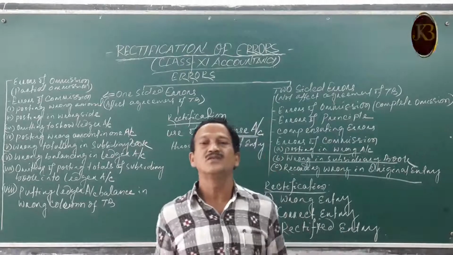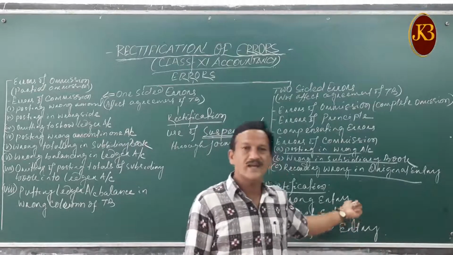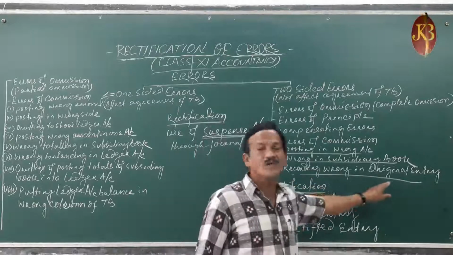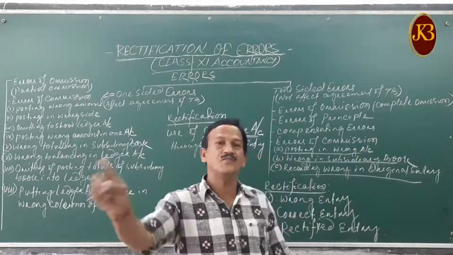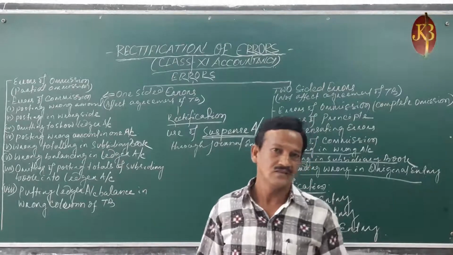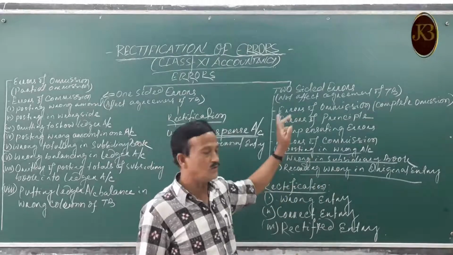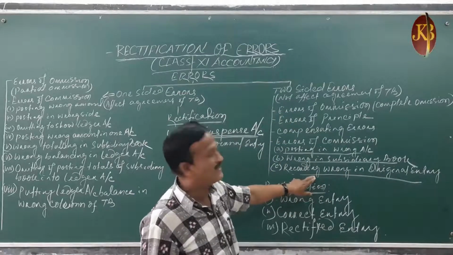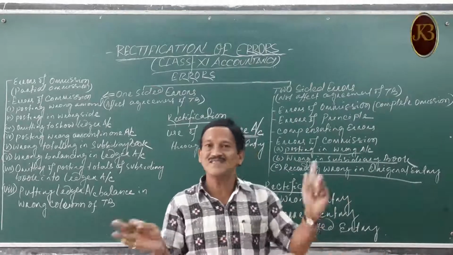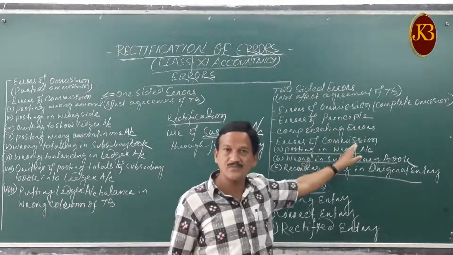For example, sale of goods 1000 recorded as 100, or wages paid 500 recorded as 5000. This is wrong recording in the original entry, the journal book. So these are the two-sided errors. Both sides are wrong, but it does not affect the agreement of your trial balance.